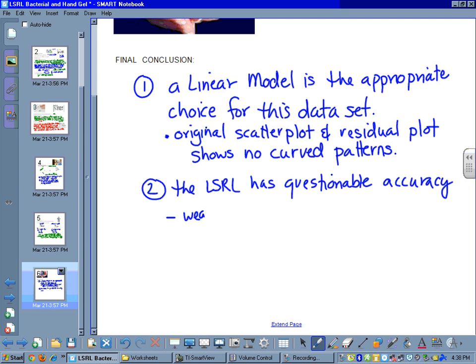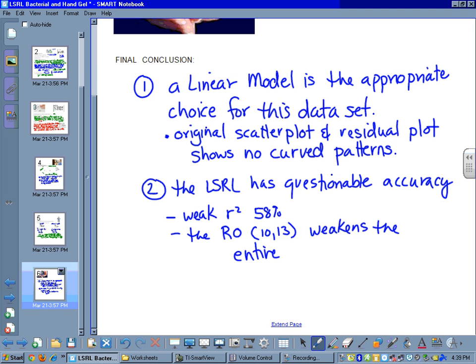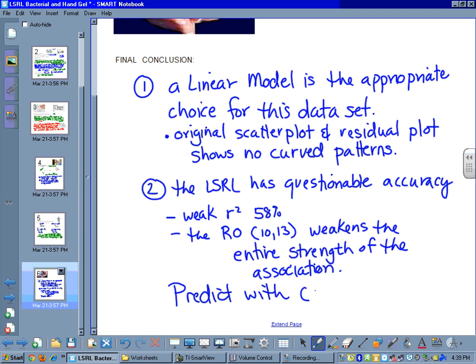It has a weak R squared value at 58%, and the regression outlier (10, 13) weakens the entire strength of the association. Therefore, predict with caution.